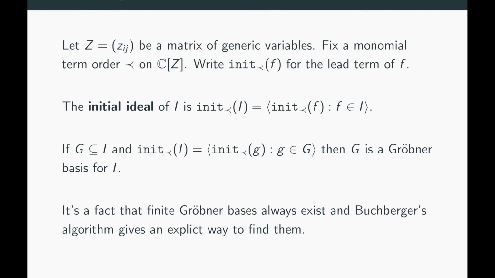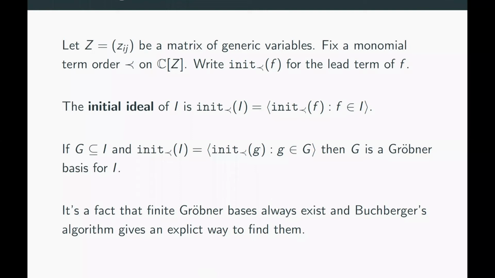Okay, so yeah, with this Gröbner degeneration, the initial ideal is going to be generated by the lead terms of all the elements of our ideal. And that might seem overwhelming because the ideal has a lot of generators or a lot of elements. But what we can do is take a distinguished subset of the ideal. And if the lead terms of that subset generate the initial ideal, then we call that subset a Gröbner basis.